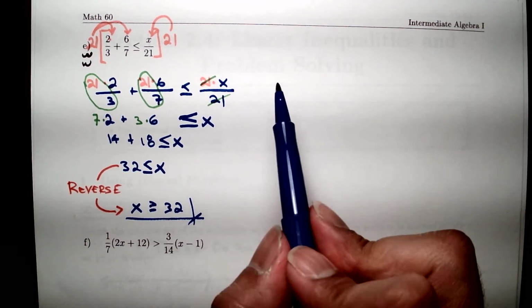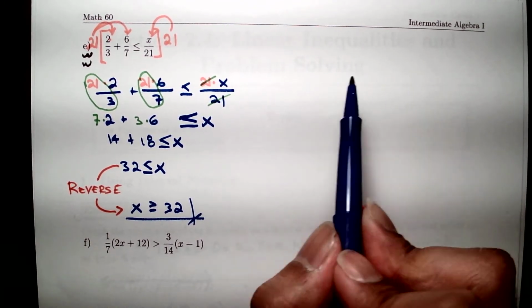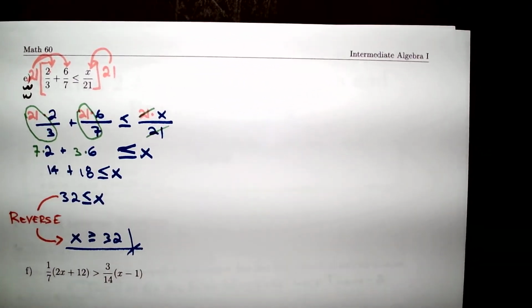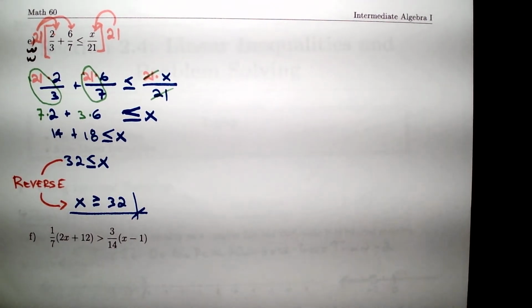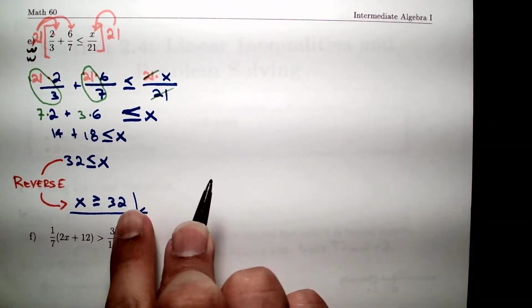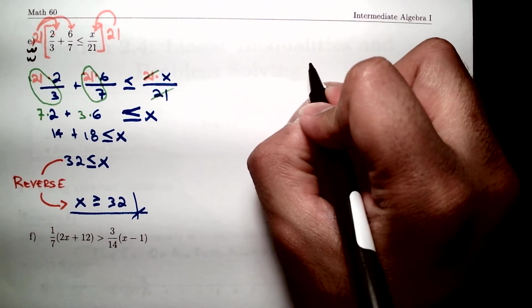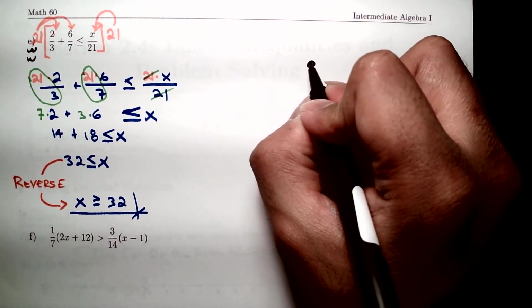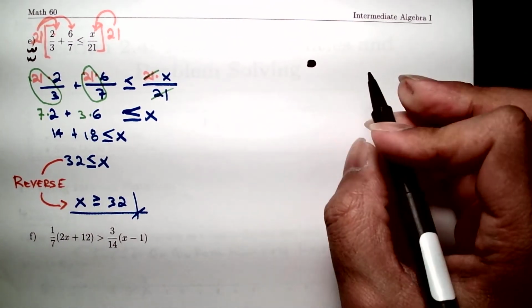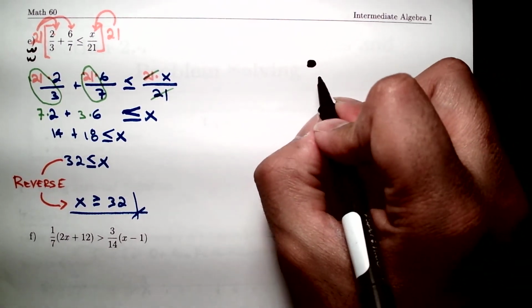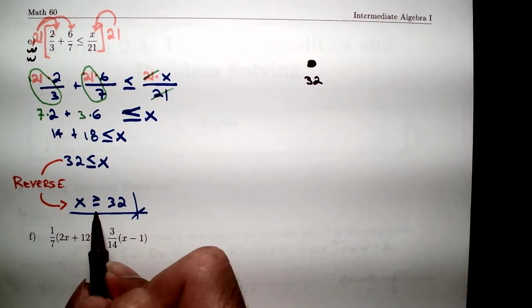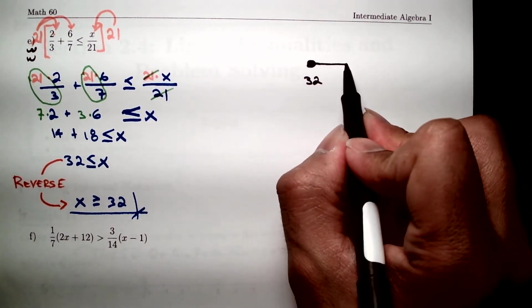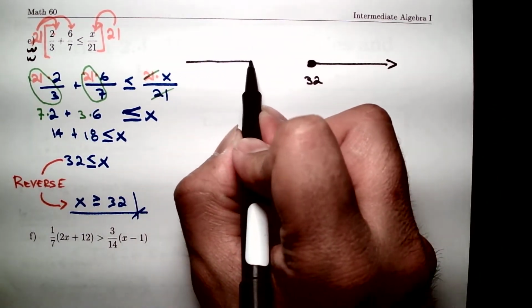Alright, so in this case we are not going to have a nice number line the way we do it ourselves. So I'm going to have the number 32. Okay, a solid bubble at the number 32. Why is it going to be a solid one? Well, because we have the greater than or equal. Because it's greater than or equal, then it's going to be this way.